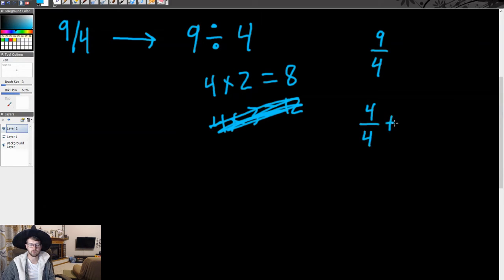So I have 4/4, I have enough for that, plus 4/4, I have enough for that, and then how much is left? 1/4. We want to see, when we're doing this, how many groups of 4 can we pull out of that numerator before we have less than the denominator.